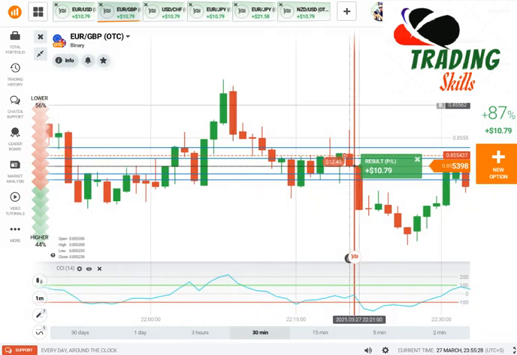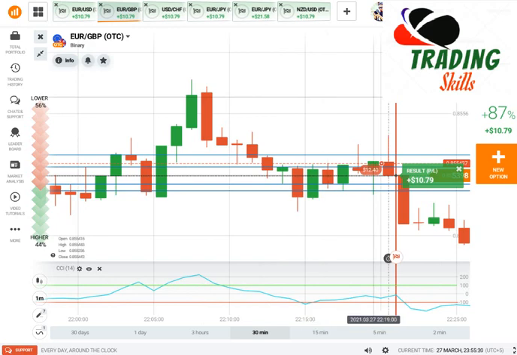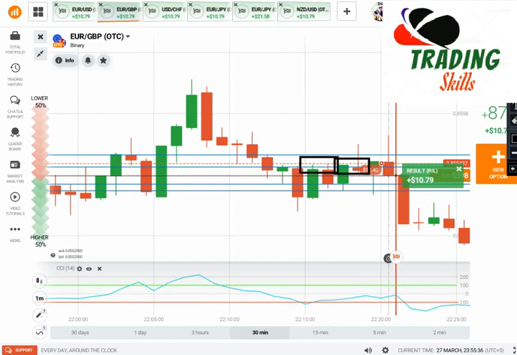Now I want to show you this chart. You can see here a resistance, a support, a resistance. So what does it mean? 1 2 3 4 5. This time the market went down from this zone.